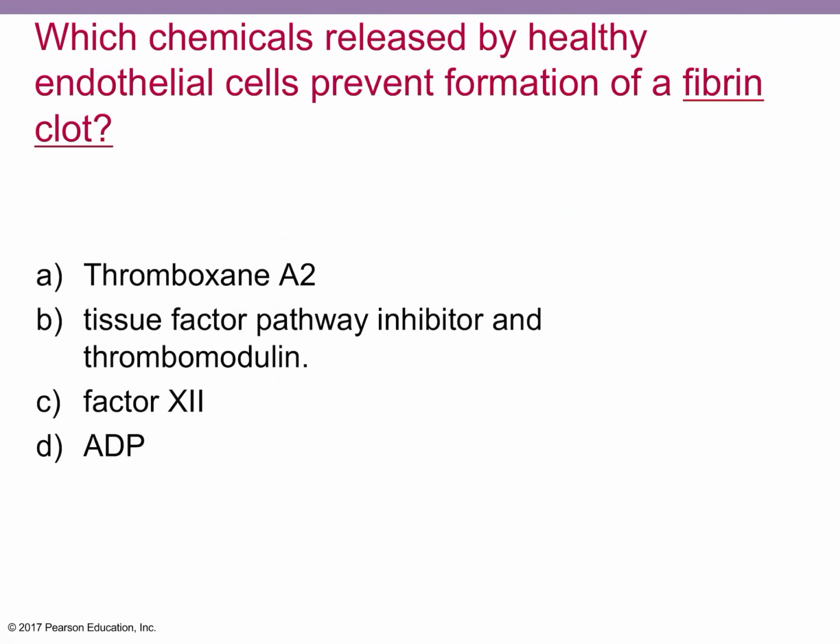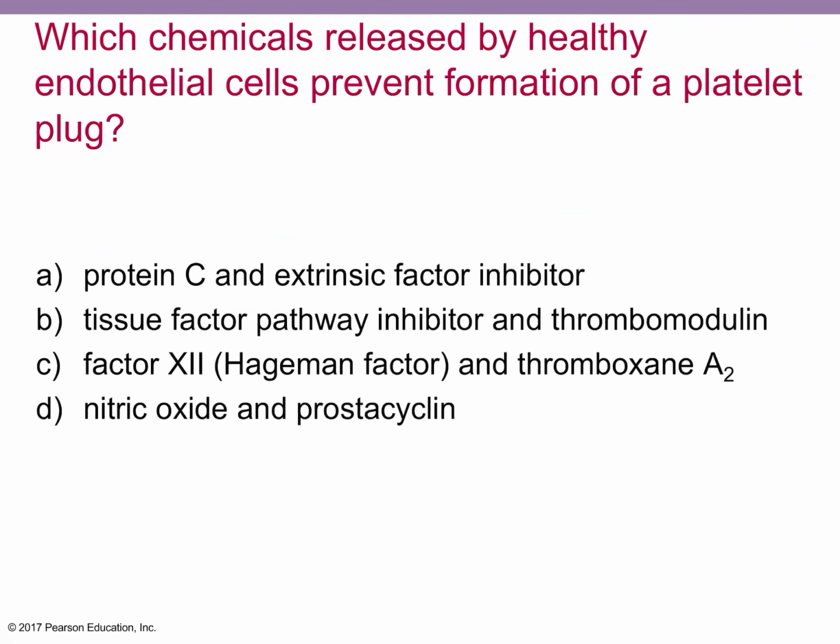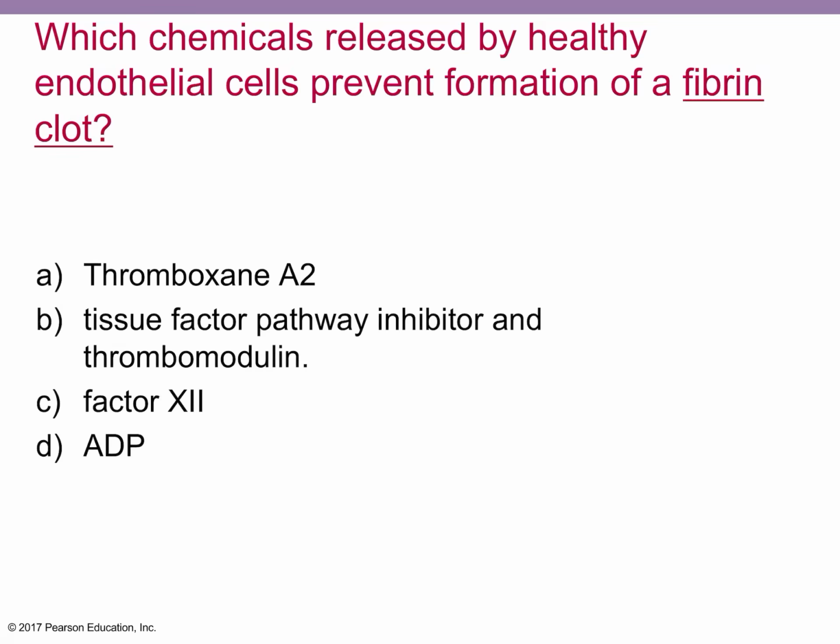Which chemicals released by healthy endothelial cells prevent formation of a fibrin clot? And this is letter B. Which chemicals released by healthy endothelial cells prevent formation of a platelet plug? And this one is letter D as in dog, nitric oxide and prostacyclin.